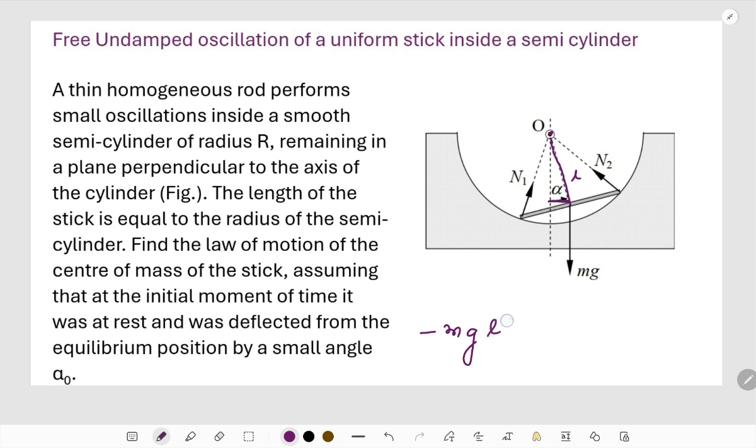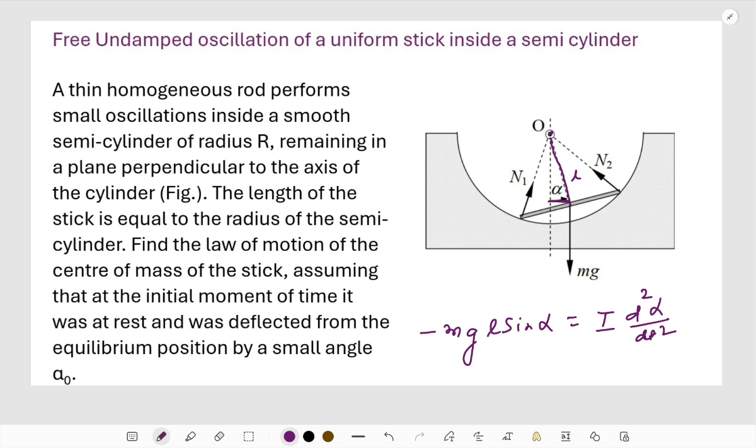I'm going to write this as minus mg L sine alpha, simply because it's a restoring torque and the other torques are absent. This torque is going to provide the necessary angular acceleration, and that should be equal to the moment of inertia multiplied by d2 alpha by dt square. d2 alpha by dt square is angular acceleration, I is the moment of inertia.